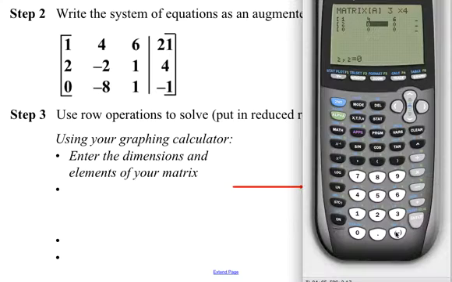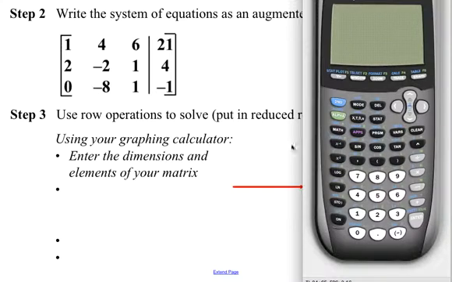Now be careful here, -2, remember you got to use this for the negative, not the minus sign, or it'll give you an error. So we want -2 there, a 1, and a 4. Then lastly, in our last row, we want 0, -8, 1, and -1.